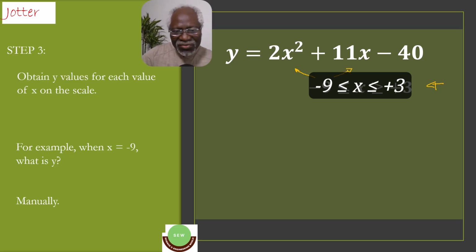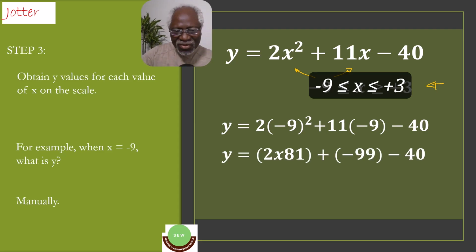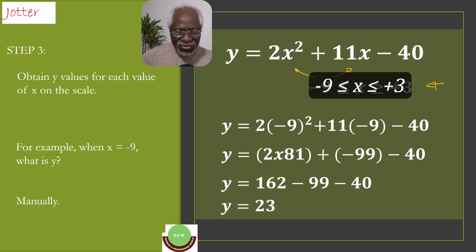That will give us the expression y equals 2 times (-9) squared plus 11 times -9 minus 40, which will give us 2 times 81, because -9 times -9 is plus 81, plus 11 times -9, which is -99, minus 40. And that gives us that y equals 23. So we need to repeat this for every value of x in this scale.